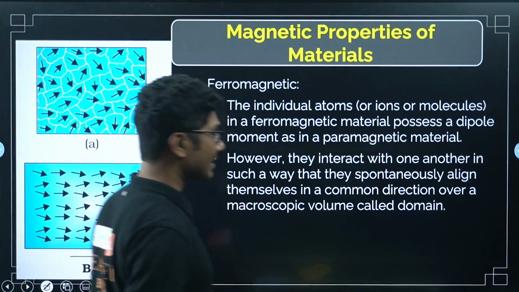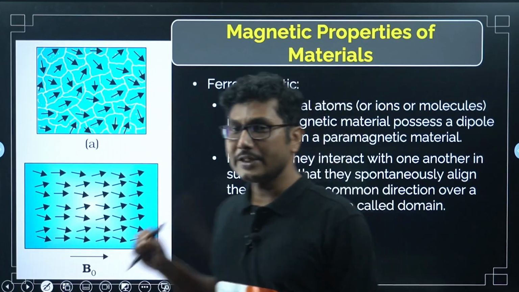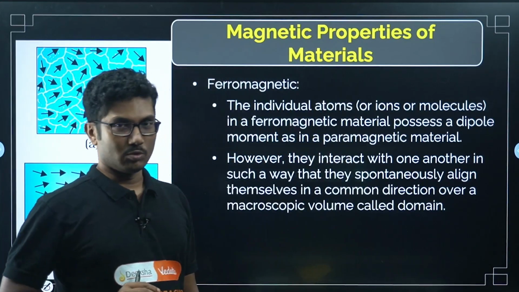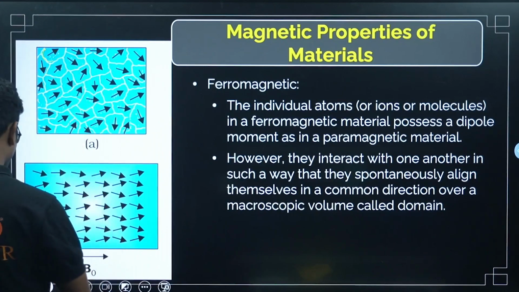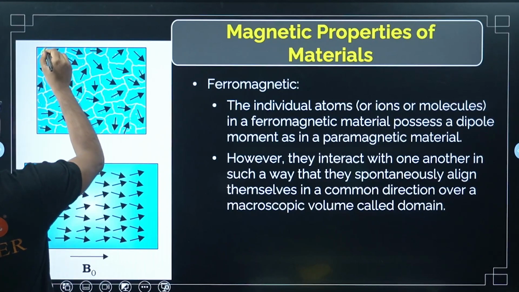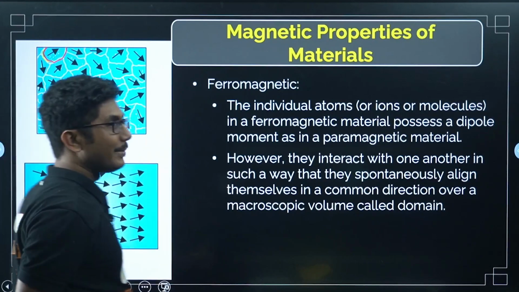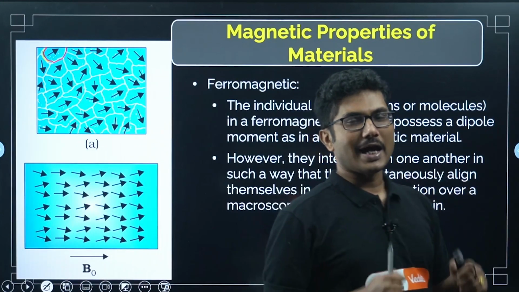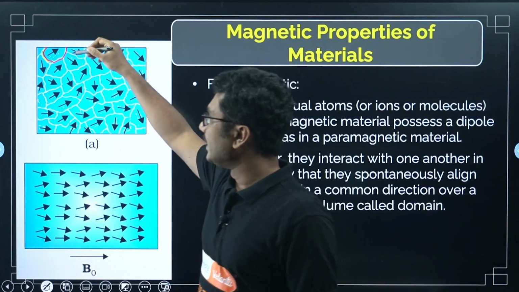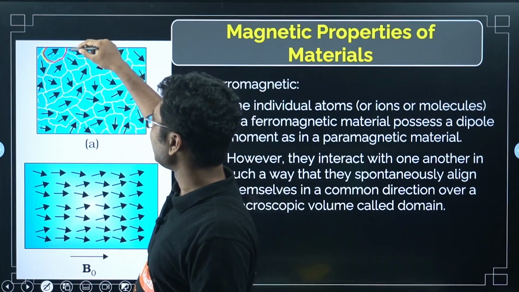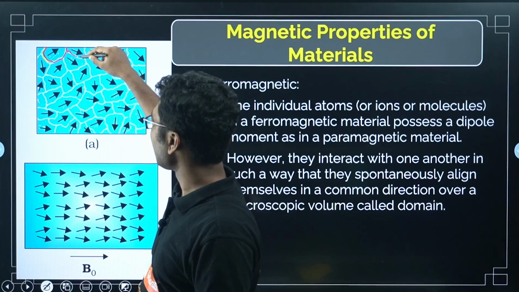So let us understand what is the meaning of that. Each atom has a dipole moment. Now all the atoms in this zone, they all made a party. We are a party. I have formed a party and we have one direction only. But the next neighboring state said, okay, I don't care about your party, I have my own party.